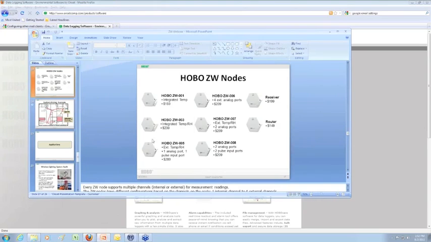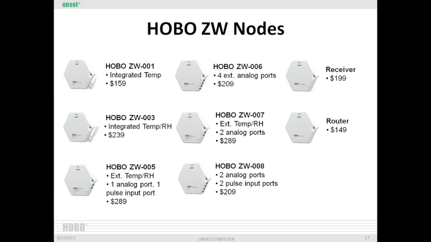So taking a look at this, we have a couple different flavors. We have the DW006, which takes 4 analog inputs. So technically, you could plug in up to 4 current transformers there. Our DW008 takes pulse inputs.